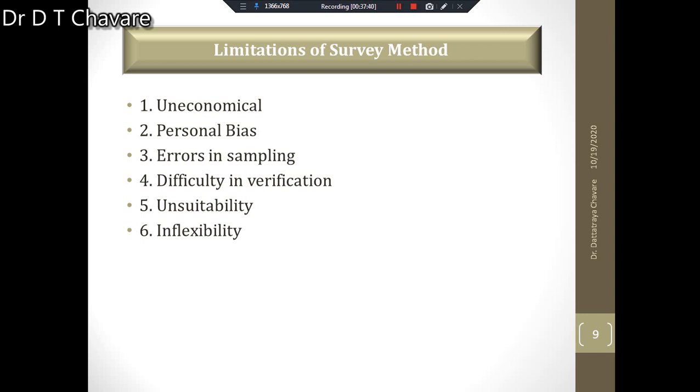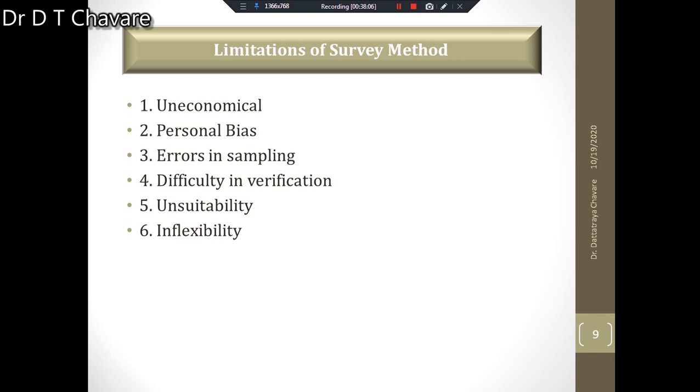Then the next limitation we have to study is difficulty in verification. The survey method has no mechanism to verify the accuracy of the data collected, which forms the basis of research. The reliability of data collected depends on the unbiased attitude of the enumerator and respondents.